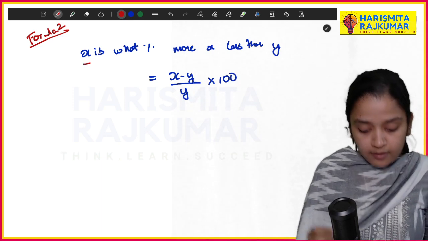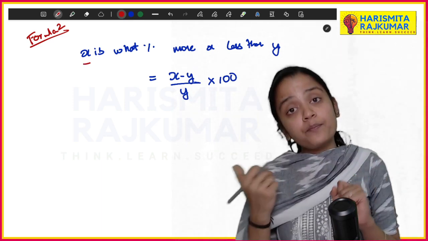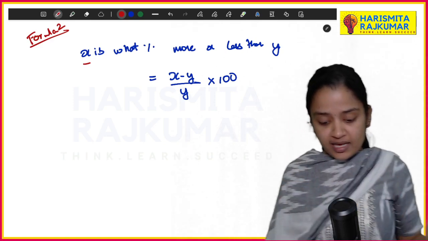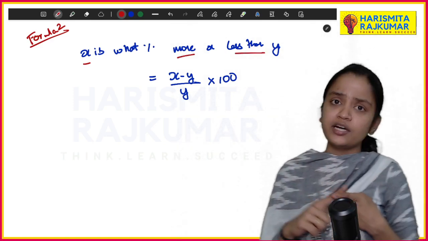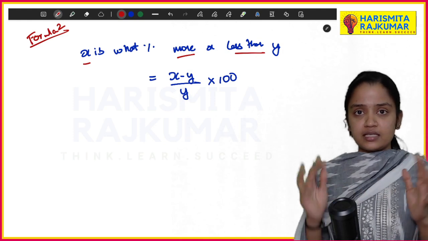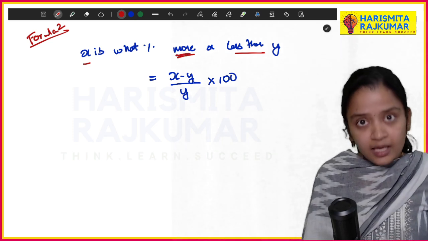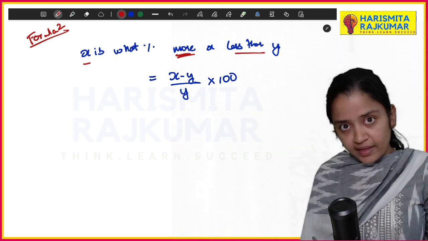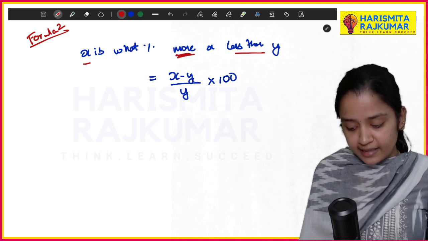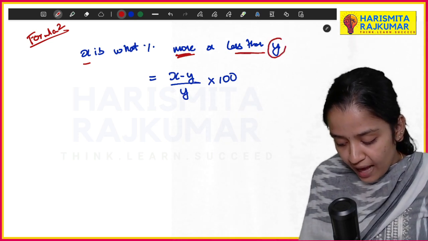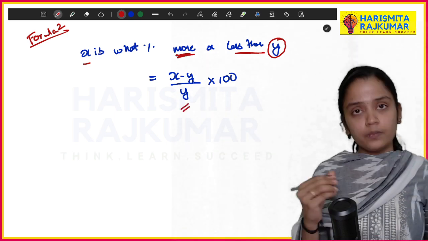I'm asking for X: what percentage is it less or more, or they can give you exceed or decrease, of Y. So if you have less than, more than, increase or decrease, and next to that a variable, that will be in the denominator.